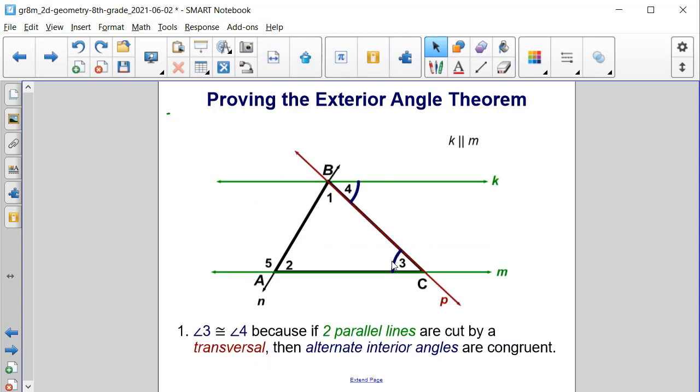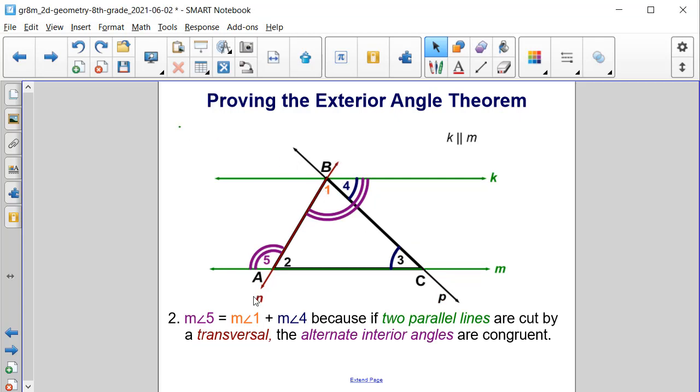If we look at transversal P, we can see that angle 3 and angle 4 are congruent to one another because our two parallel lines are cut by a transversal, and then the alternate interior angles are congruent.